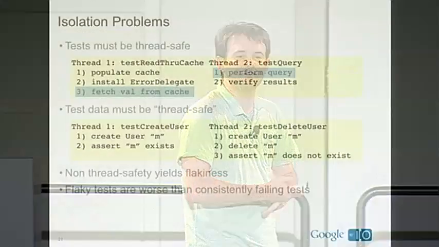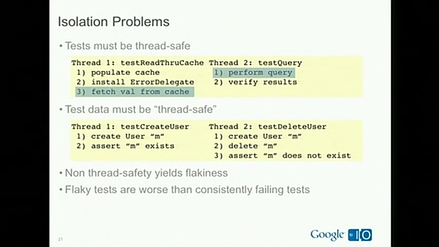You wouldn't expect there to be any interesting interactions, but if we wrote that explosive delegate that I showed you in the earlier example, and we installed that, that explosive delegate is global, which means that if these two tests happen to hit these two same points at the same time, the test that's just verifying the simple query is going to blow up, because it's going to try to do something that talks to the data store, and that explosive delegate is sitting there. And it's going to throw an exception, and you're going to scratch your head thinking, what went wrong? This didn't happen last time. And now you've got flaky tests.